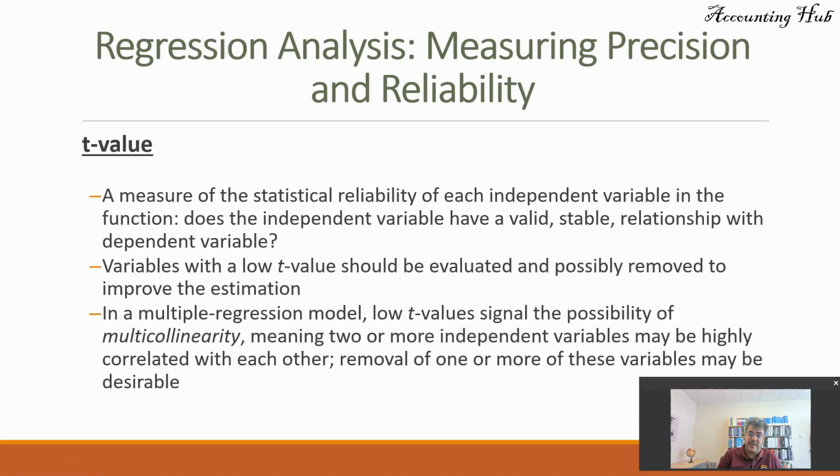We can have multicollinearity, but it's a topic for another video, where two or more independent variables are correlated. So they are explaining the same thing. They are bad variables, so we should remove them.